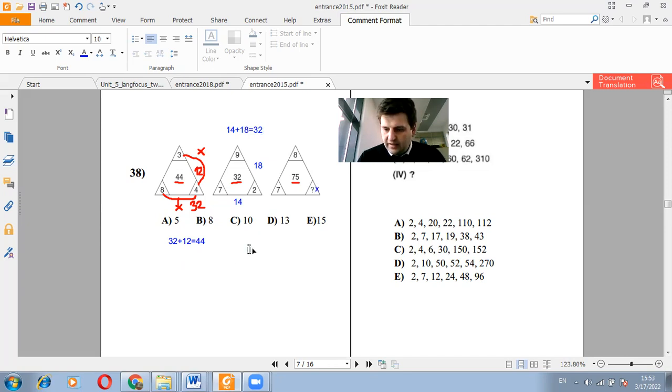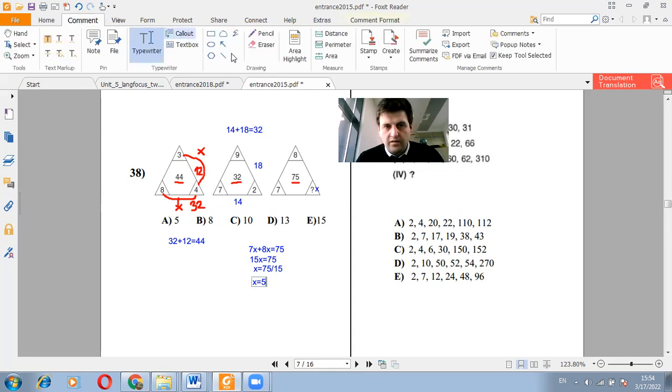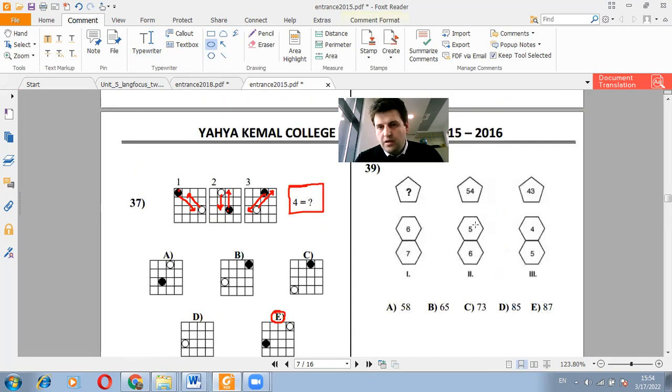So we have 7x plus 8x equals 75. Then 15x equals 75, and x is equal to 75 divided by 15, which is 5. And that makes choice A the correct choice for question 38.